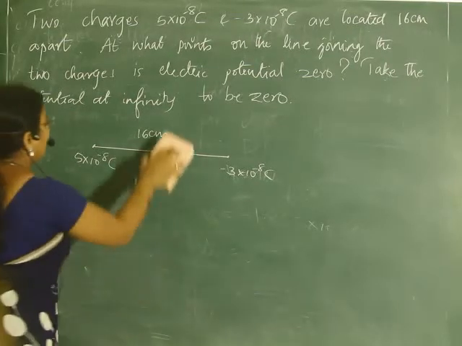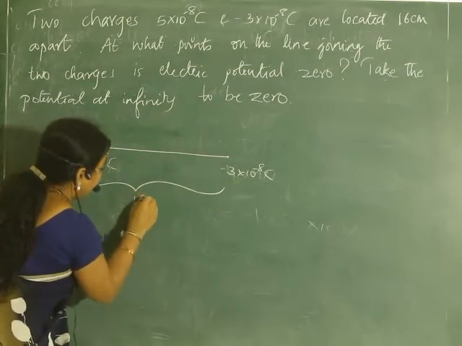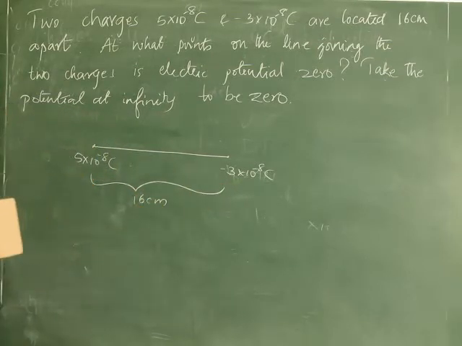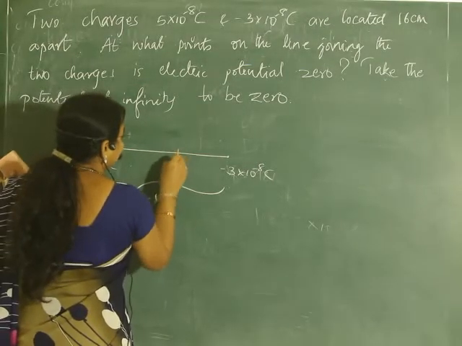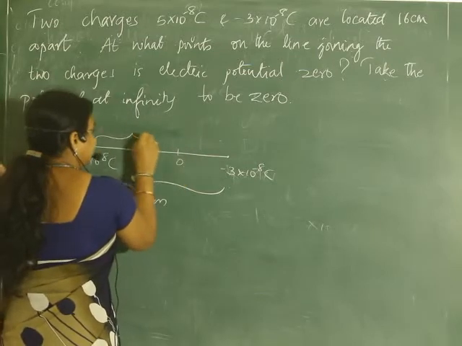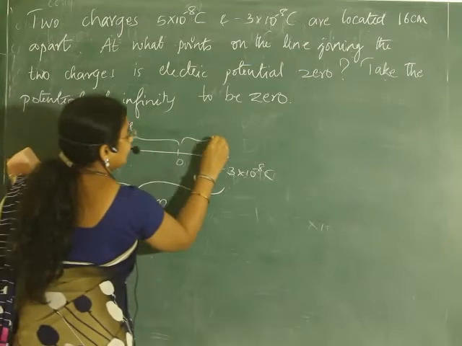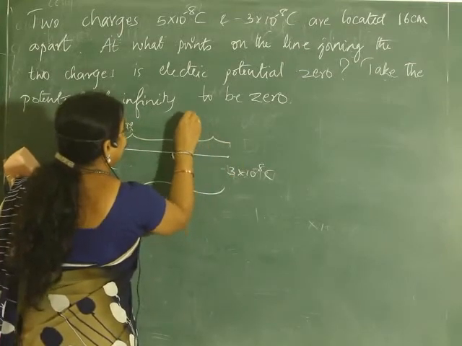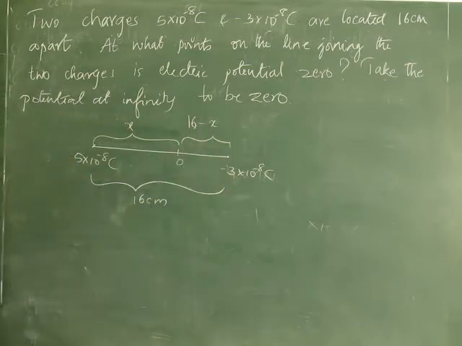You have to find out at what point the potential is 0. So let us consider somewhere here the potential is 0. Let us mark it as O. Let this distance be x and this distance be 16 minus x. Correct? 16 centimeter minus x.